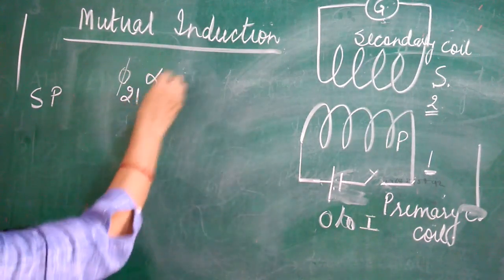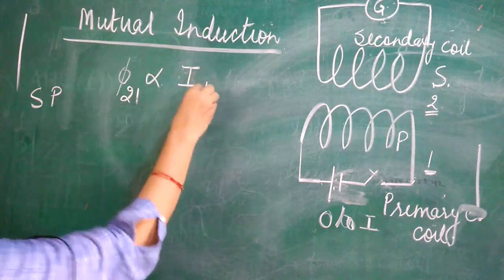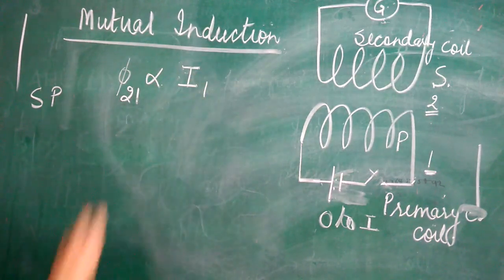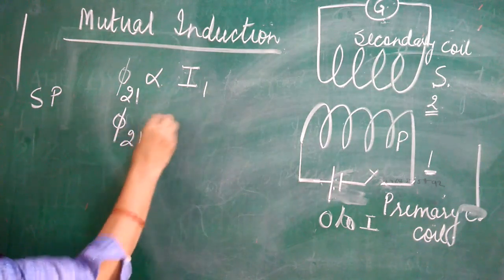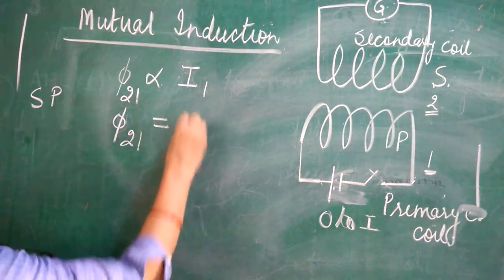Phi 2 1 is found to be proportional to the current in the first circuit. And when you remove the proportionality sign, we get a constant.